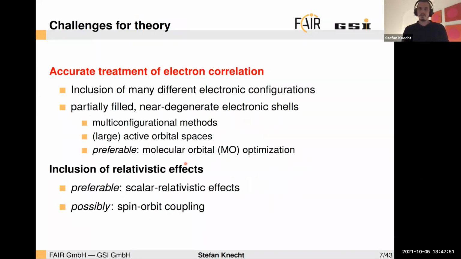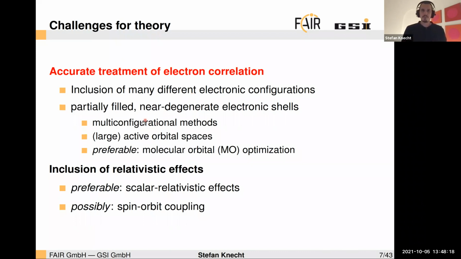And so the challenge for theory, for quantum chemistry, to be able to predict the electronic structure faithfully for elements and molecules composed of elements across the periodic table, is an accurate treatment of the electron correlation. So we should be able to include many different electronic configurations, in particular if you have partially filled near-degenerate electronic shells.